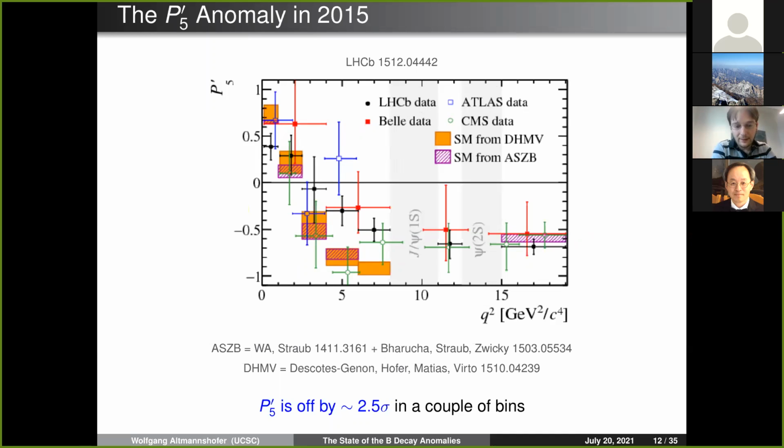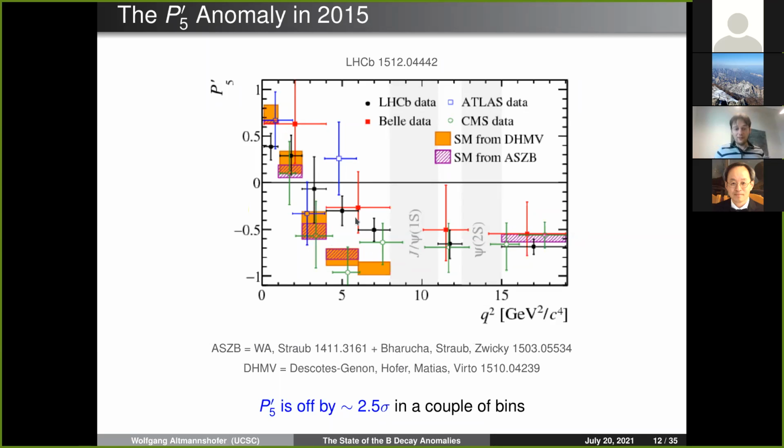There are various other measurements of P5 prime at that time, from ATLAS, from CMS, also old Belle results. They all had quite a bit larger uncertainties than the LHCb result. So if you do some naive combination of those various results, you find that it is dominated by the LHCb results, which show some visible discrepancy between standard model predictions and data.